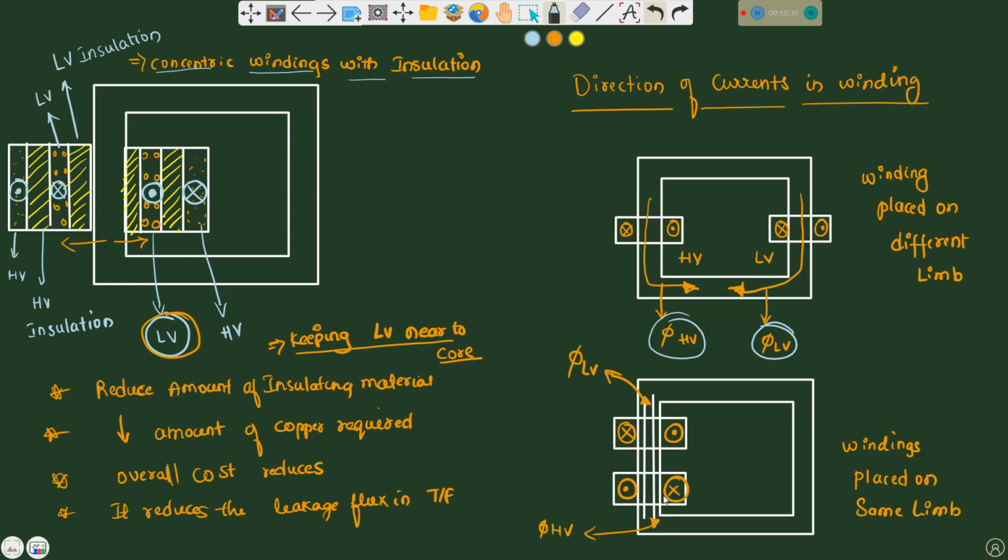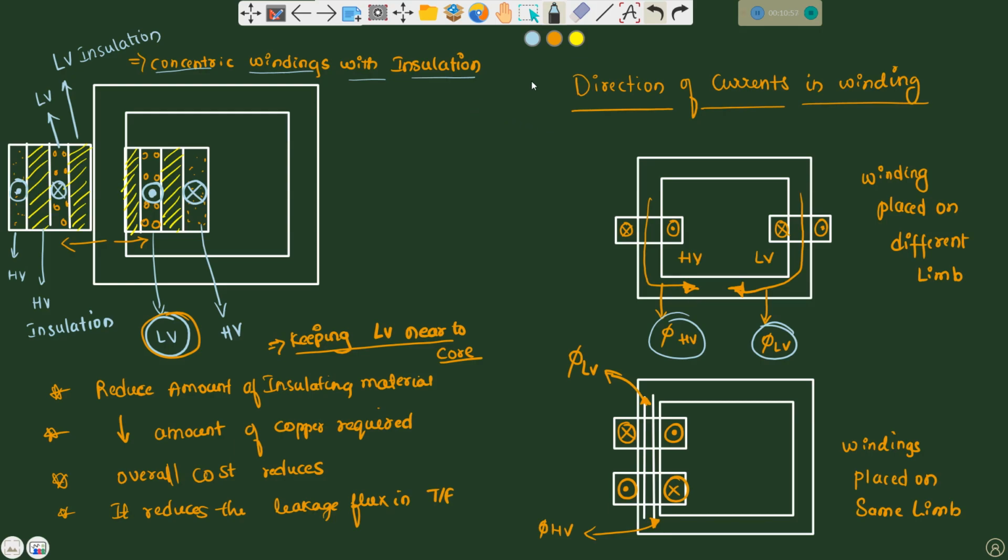This direction is to satisfy the transformer action, as shown in this figure. Windings placed on the same limb means the direction of the current will be different, whereas windings placed on different limbs, the direction of current will be the same.